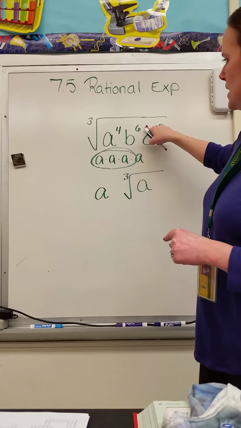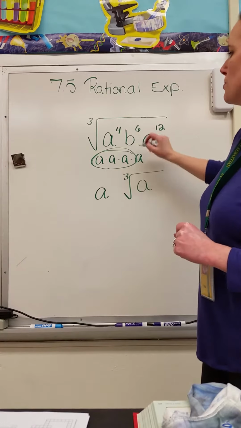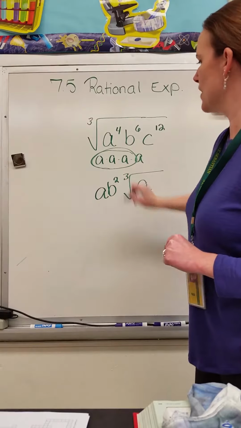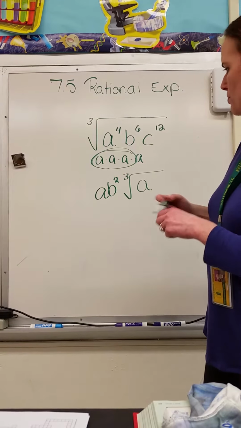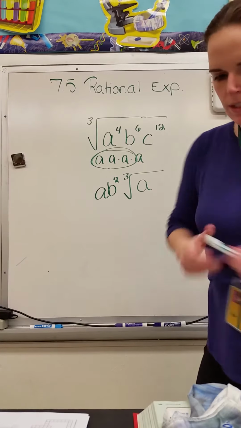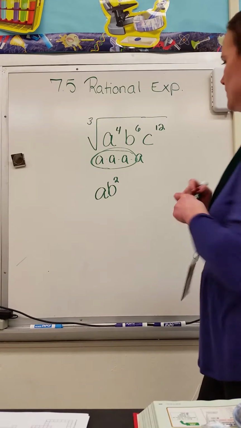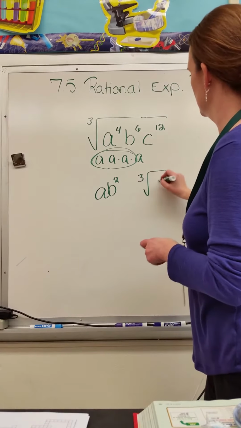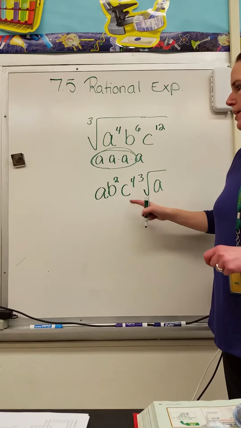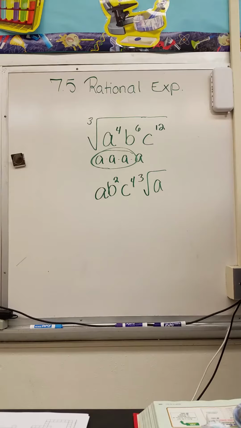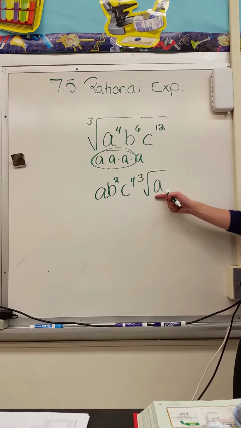This b to the 6, well, in b to the 6, you have 2 groups of 3 perfectly. So you'd have that. And in c to the 12th, you have 4 groups. And it's getting a little cramped. So you would have 4 groups out here. So that's what your answer would look like. Anything that's left over would have to stay inside the radical.